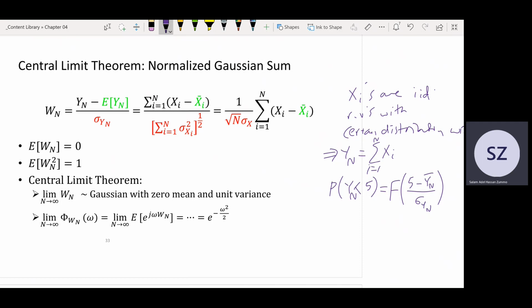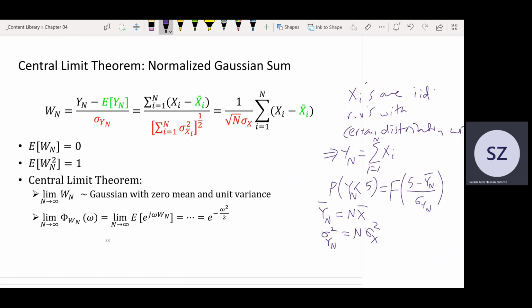So what is the yn average? It's n x bar. And what is sigma yn squared? It's n sigma x squared. So you just plug it in.